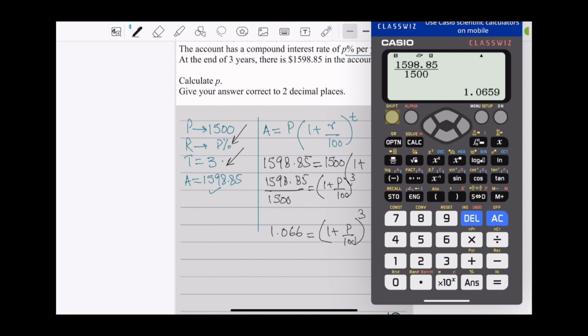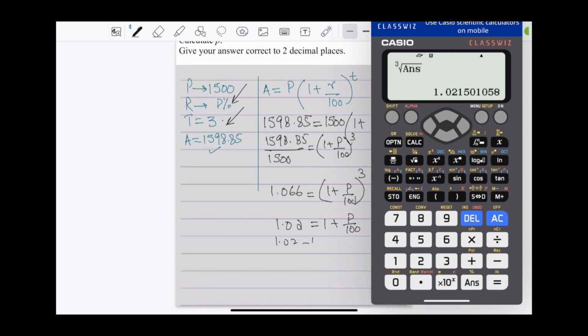Taking the cube root on both sides gives 1.02 equals 1 plus R over 100. Now subtracting 1, 1.02 minus 1 equals R over 100, and then multiplying by 100 gives R, which equals 2.15.